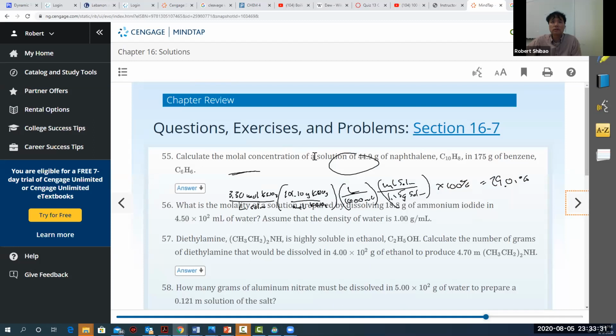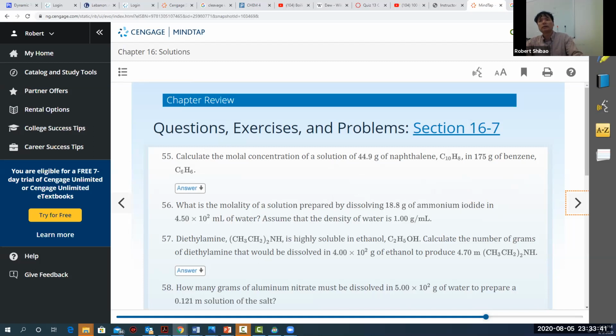Calculate the molal concentration. All right, molal is not one of those common units. Molality, but it's useful for colligative properties. And so molality is moles per kilogram of solvent.